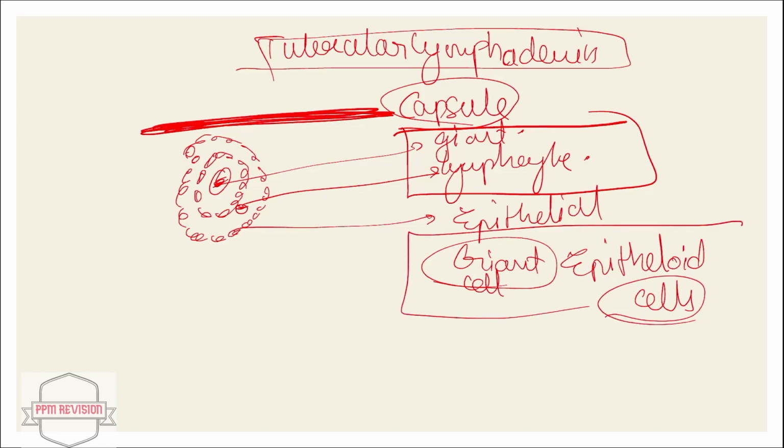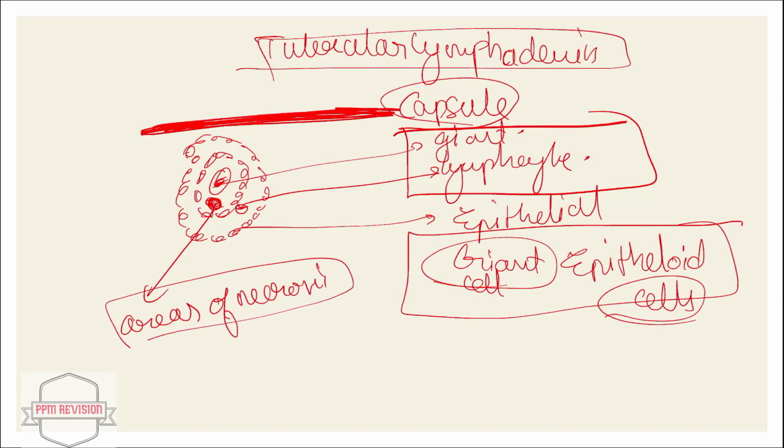I repeat, the important point is the presence of giant cell and epithelial cell, in case of tubercular lymphadenitis. Okay, then moving ahead, amorphous eosinophilic areas of necrosis are seen. Important. So areas of necrosis are also seen.